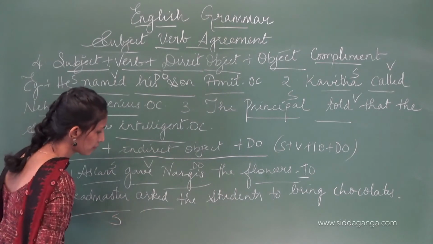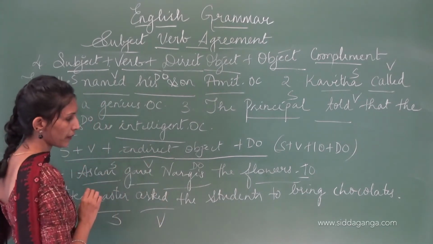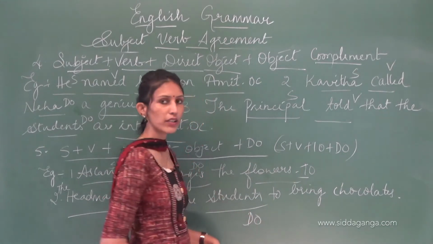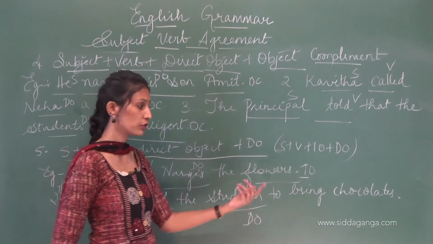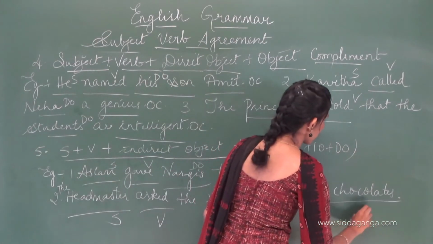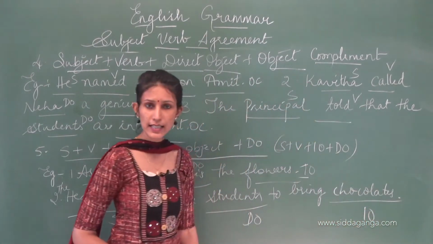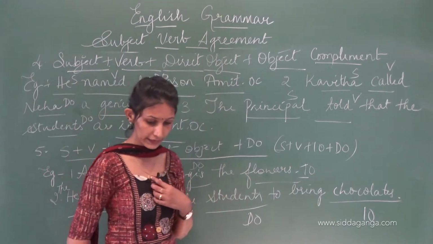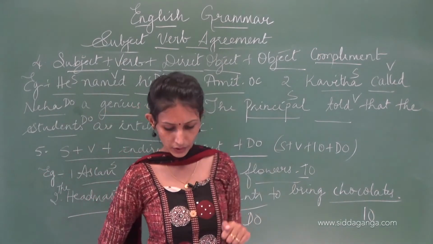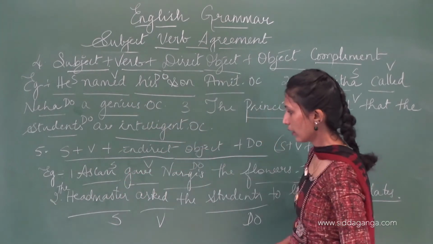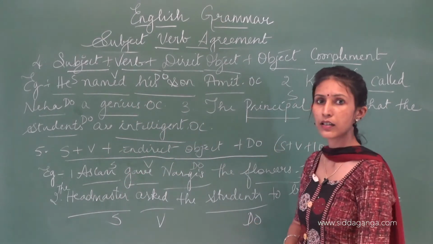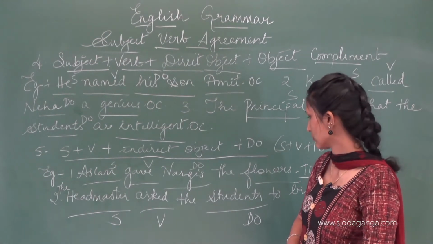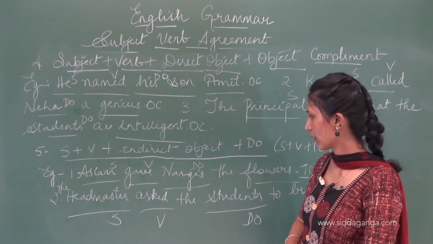He asking them to do something is the verb. The students become the direct object. What has he asked the direct object to do? To bring chocolates. Chocolates becomes the indirect object. I hope this is very much clear to you. Now, okay.